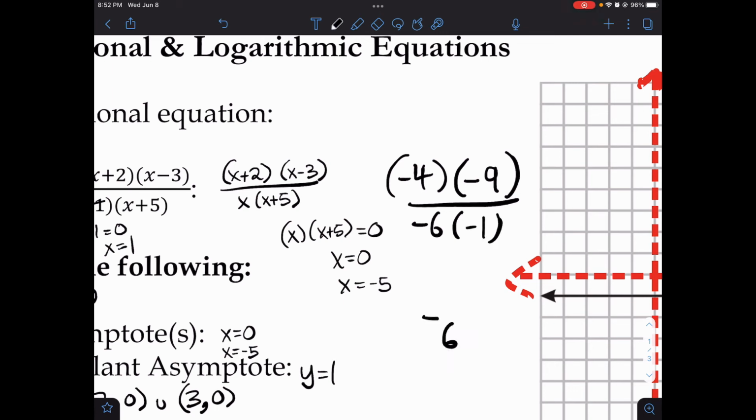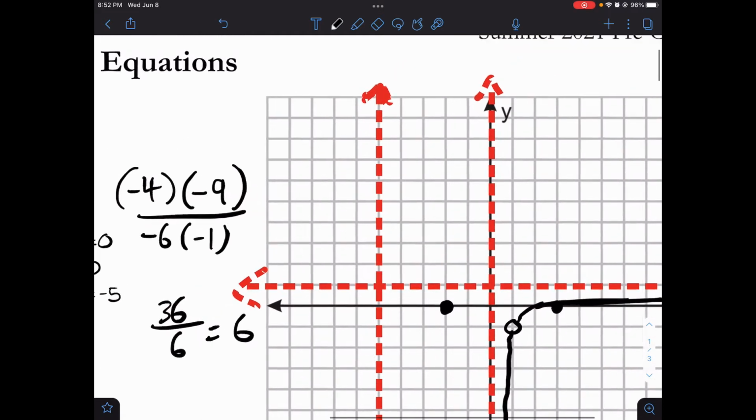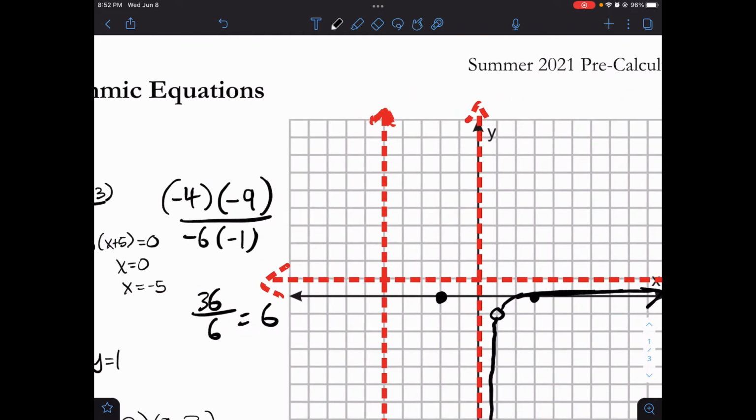Okay, so 6 over 36 gives us 6. Okay, so our next point is -6 comma 6. So -6 is right here. 1, 2, 3, 4, 5, 6. Right there.